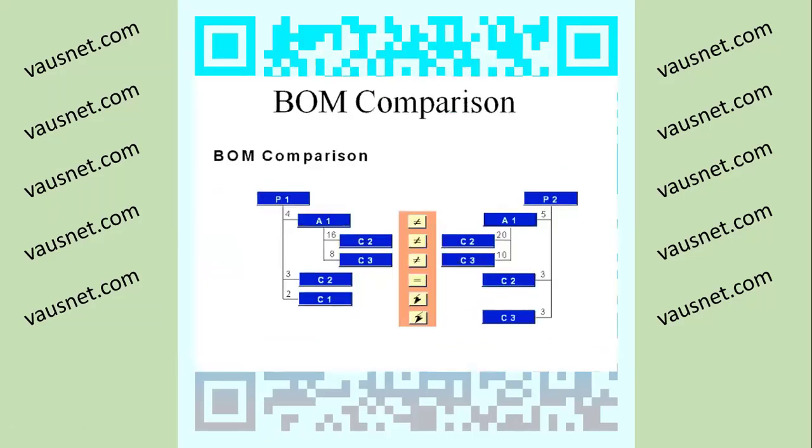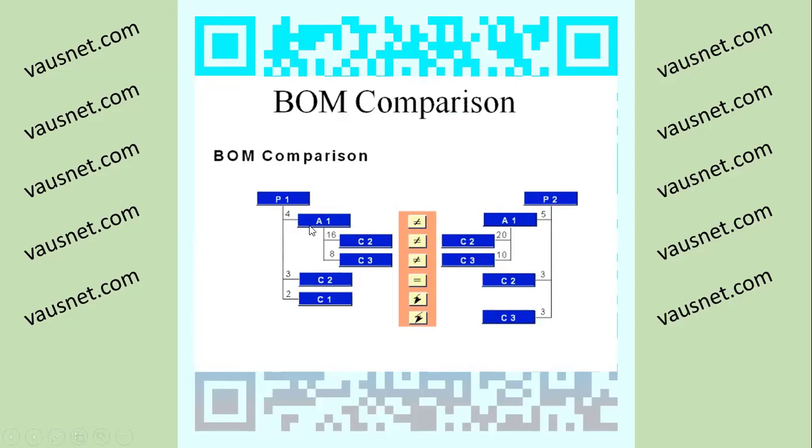In addition to that, you can compare bills of material with another bills of material to understand what is matching. This can be a plant, and this is another plant. The BOM components can be the same, but the quantities can be different. So in effect, the BOM in one plant can be different from the BOM in the other plant based on quantity.